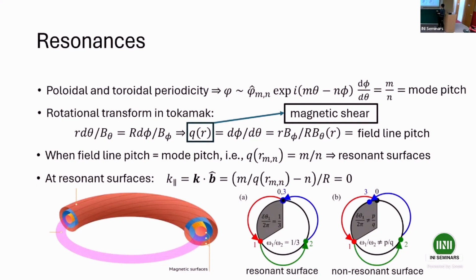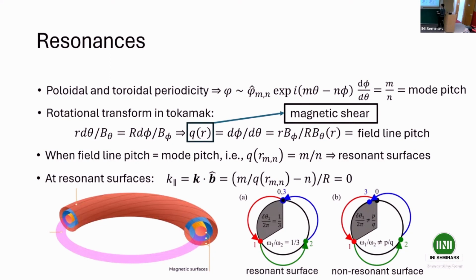Since the poloidal magnetic field is also a function of radius, the field lines with the same pitch define the magnetic surfaces in tokamak, and on different magnetic surfaces, the magnetic field pitch is different. So we can see q(r) is a function of r, which indicates there is magnetic shear in tokamaks.